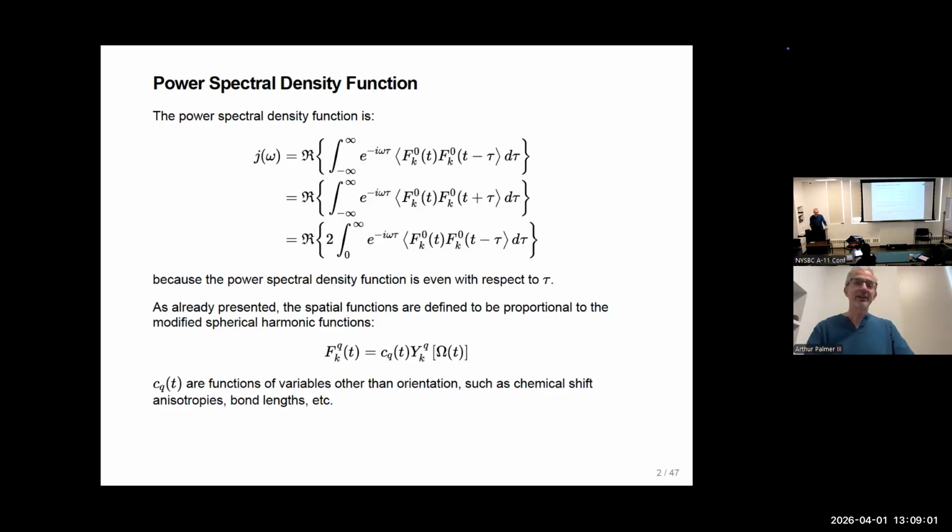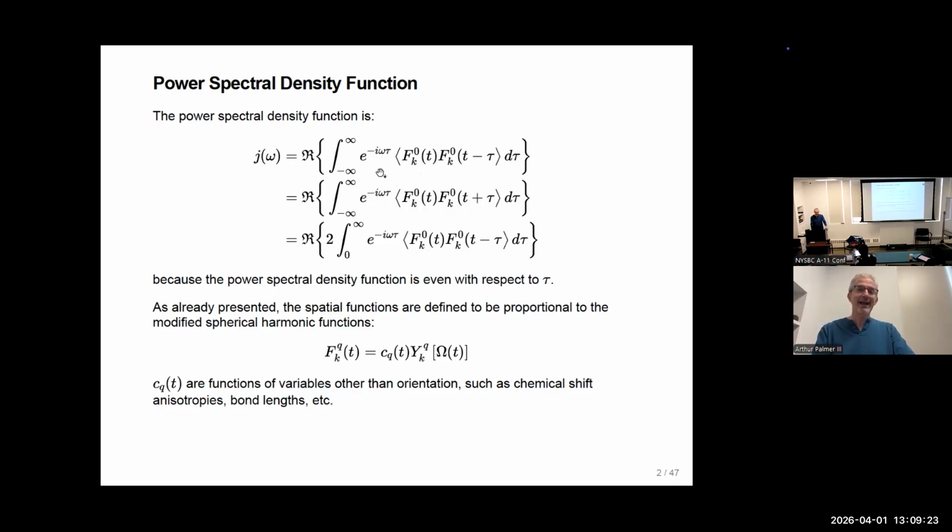The spectral density is the real part of the Fourier transform of the autocorrelation function for the spatial parts of the fluctuating Hamiltonian. Remember, the spin parts go into these double commutators, and the physical part is here.